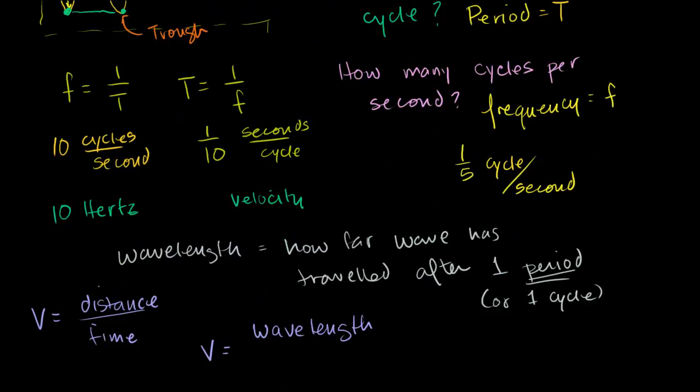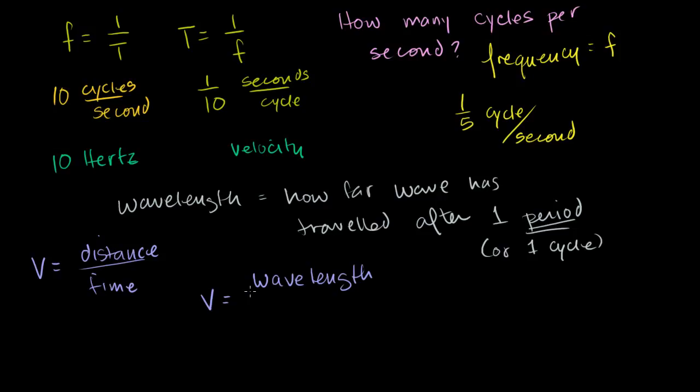So I've traveled a distance of a wavelength, and how long did it take me to travel that distance? Well, it took me a period. So it's wavelength divided by period. Now, I just said that 1 over the period is the same thing as the frequency. The notation for wavelength tends to be the Greek letter lambda.